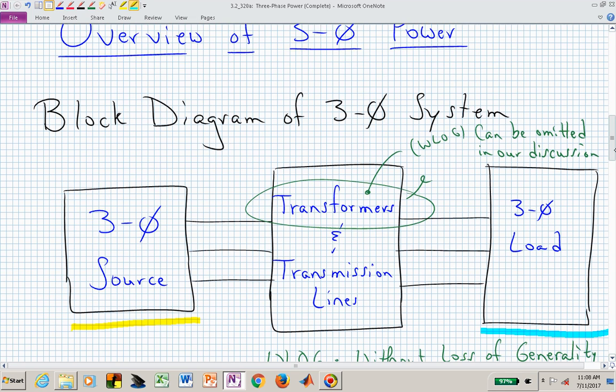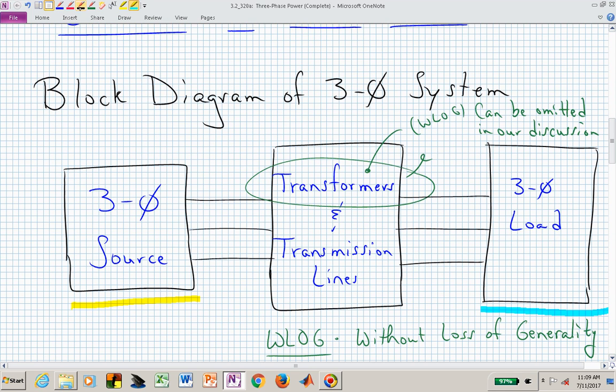WLOG, or without loss of generality, we will be neglecting in this class the transformer part of this system. So we won't worry so much about stepping up or stepping down the voltages.